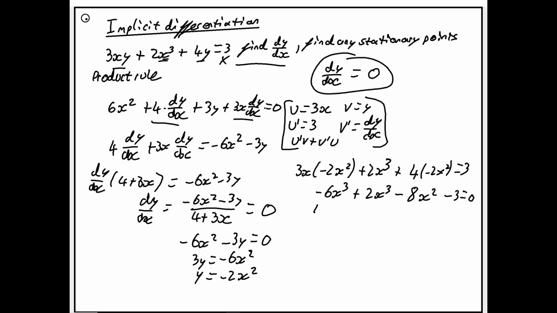So now we have, moving everything over to the other side, 4x cubed plus 8x squared plus 3 equals 0, and then this is just something you can use your calculator for to find the roots of the equation.